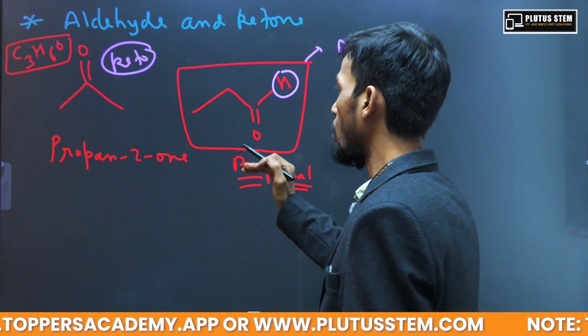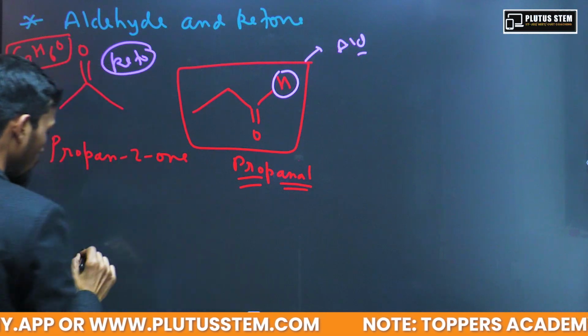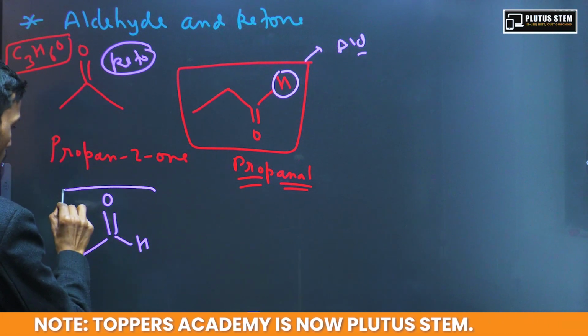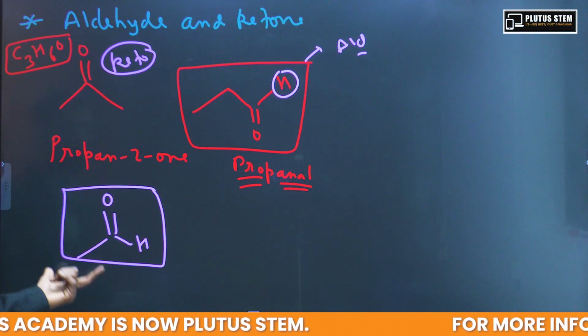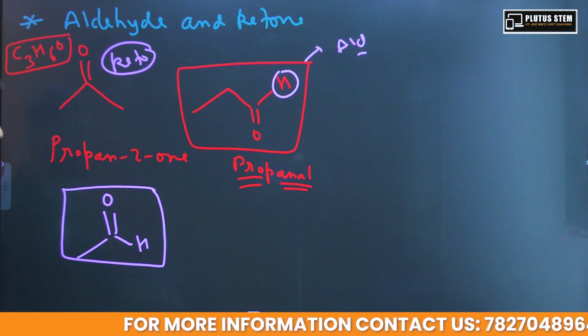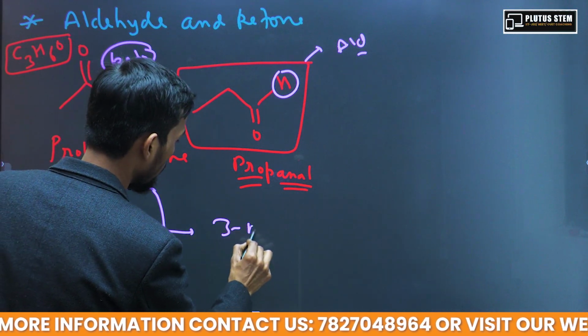And if we want to draw a functional group isomer of this, it is not possible because we cannot form a keto group. The smallest keto group is 3-membered.